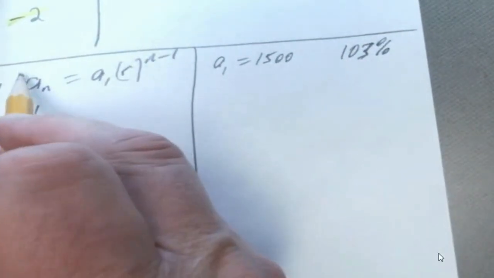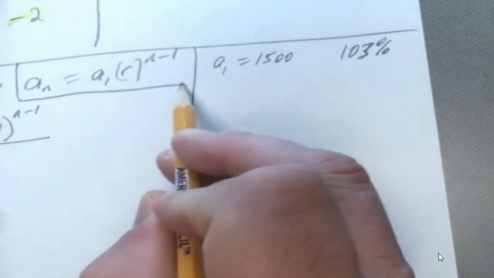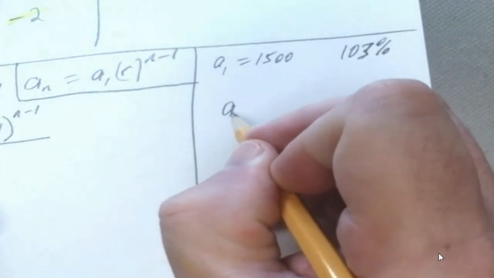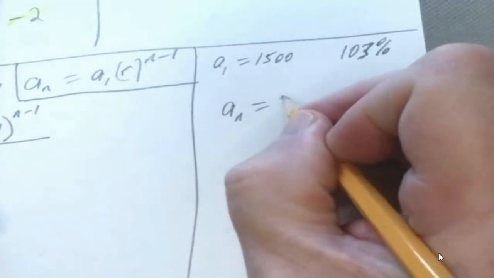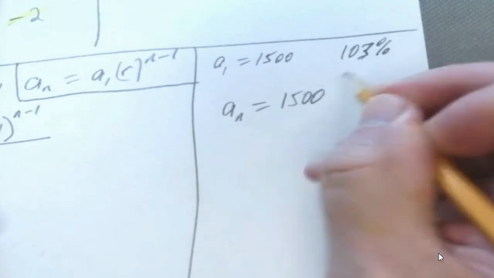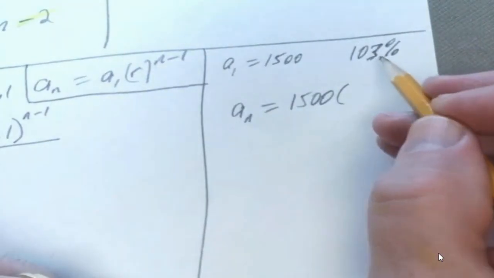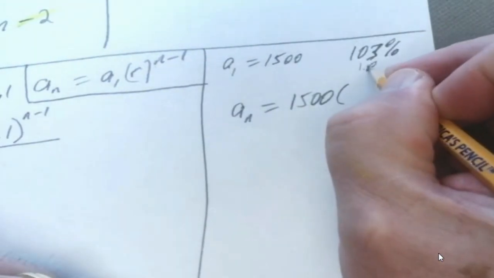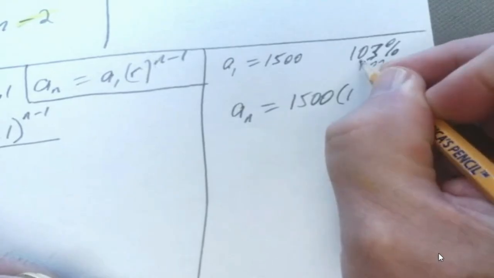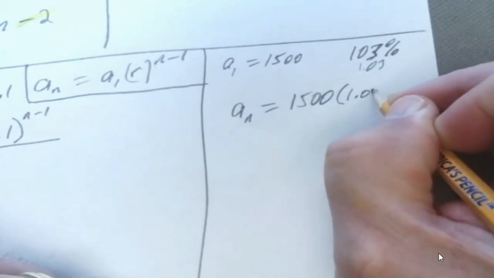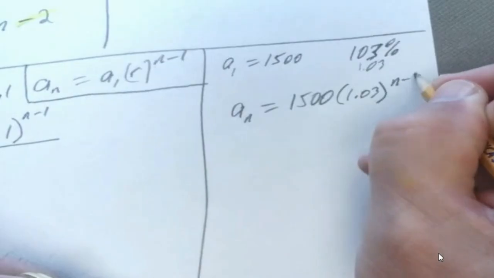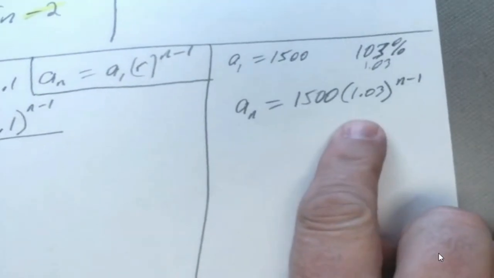Okay, using the same formula, A sub n equals 1,500. Now we've got to put r as a decimal. If it's 103%, that's 1.03, because 100% is just 1. So this is what we want to graph.